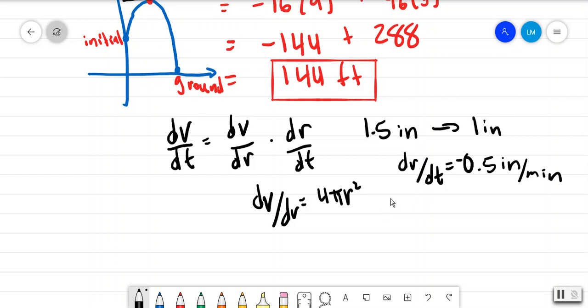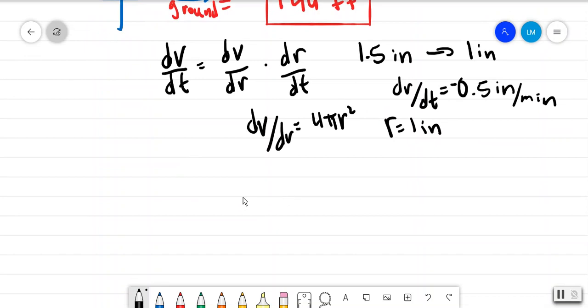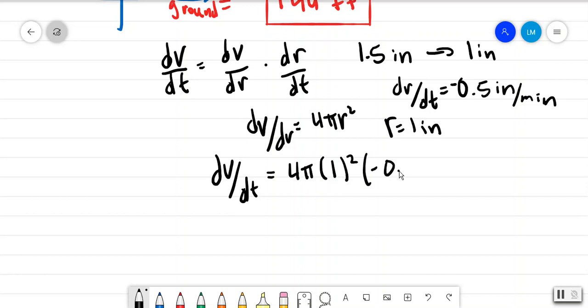If we say when r is equal to 1 inch, then the rate of change of the volume of the sphere would be 4 pi multiplied by 1 inch squared, multiplied by negative 1/2. This would equal negative 2 pi.